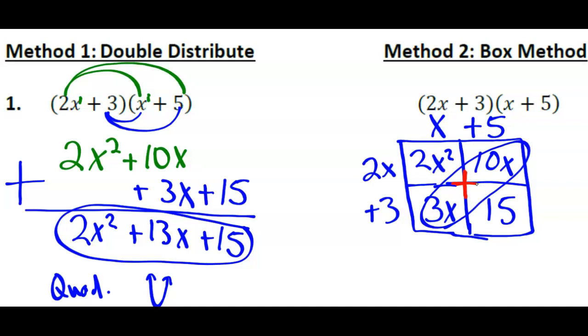Okay, so when I do that, I don't have any other term to go with my 2x squared, no like term for that. I'm going to add my x terms, and I'm going to get a positive 13x when I add those together. Nothing to add to my 15 because there's no other like term like it. That's a constant, and that's my answer.